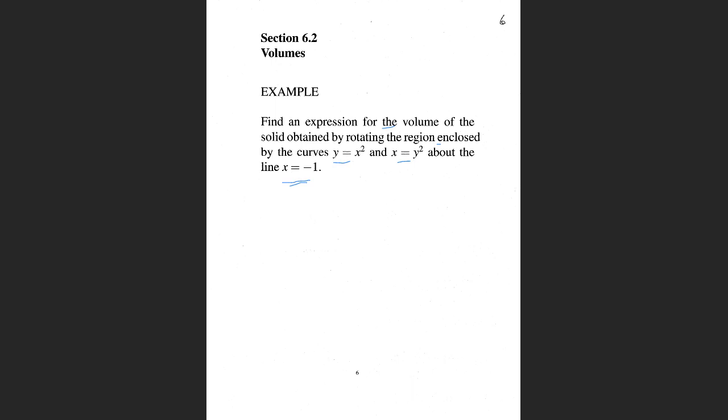We have the curves y equals x squared and the curve x equals y squared, and we're going to rotate that about the vertical line x equals -1. All right, I'm going to go to the solution, but just pause if you need to, slow down a little bit.